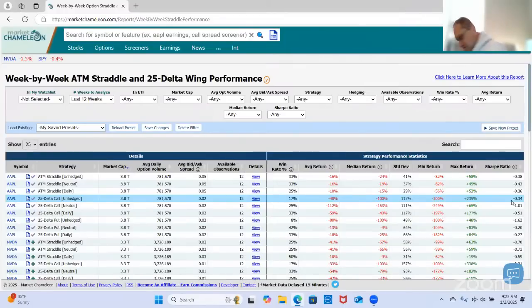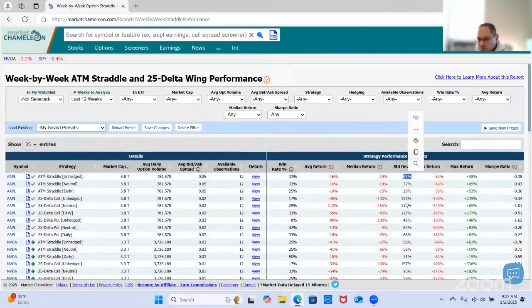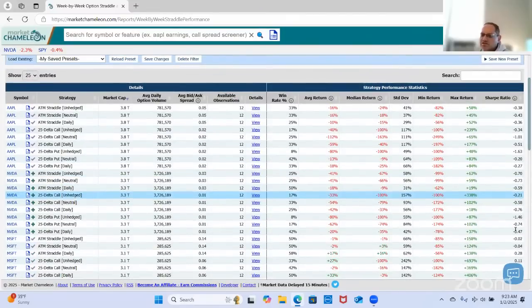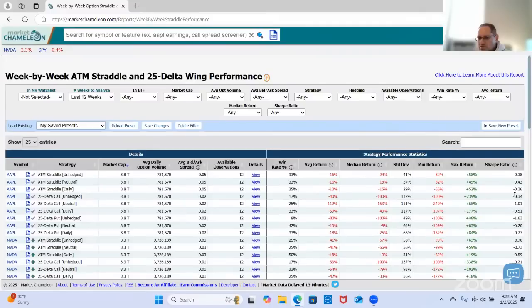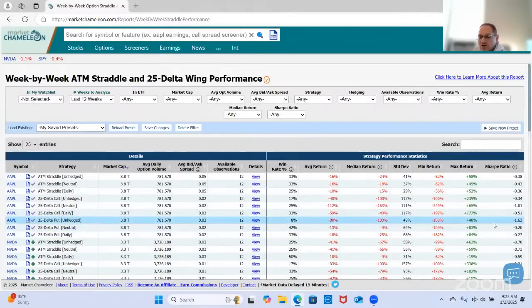So a higher return and lower risk is preferable. That's what this ratio helps us get a sense of: where are the highest returns with the lowest variability? And we'd want to see some positive ones. In these cases they are all negative, but you're looking for some positive ones to support that strategy.